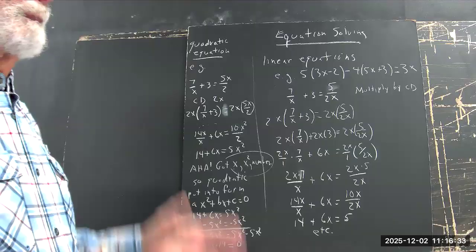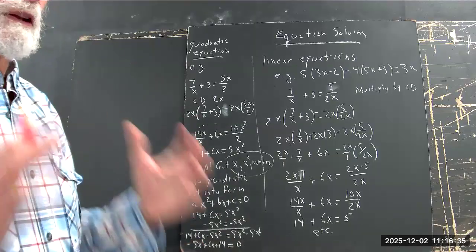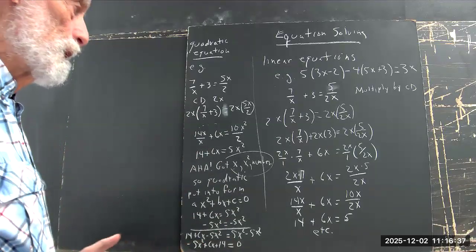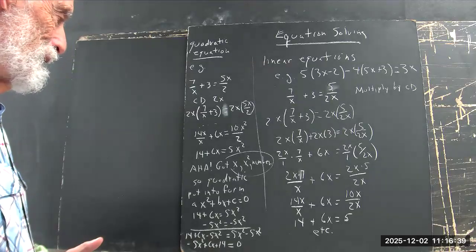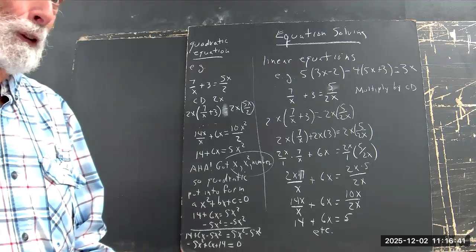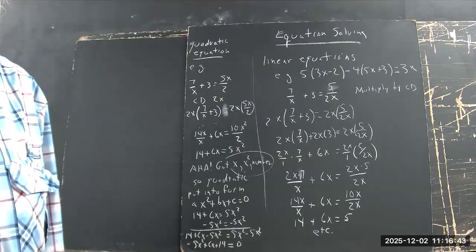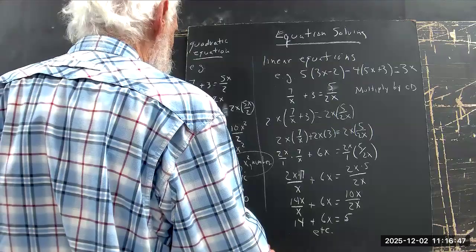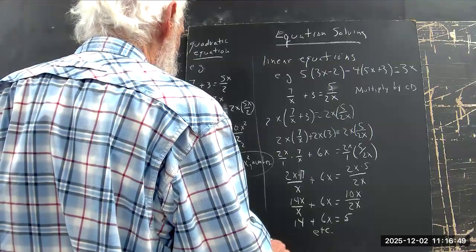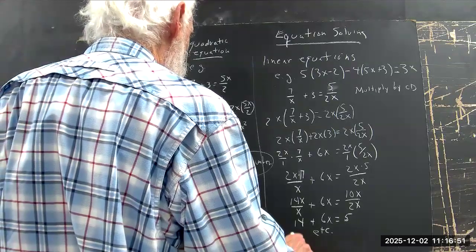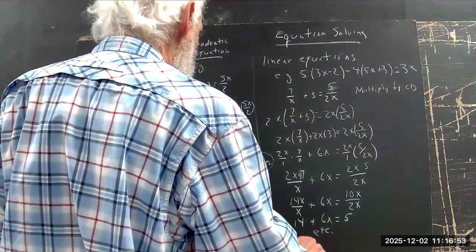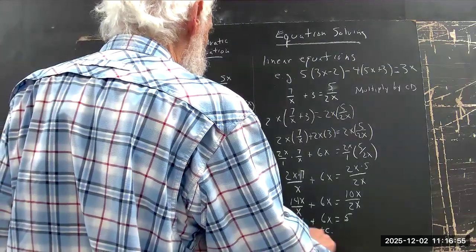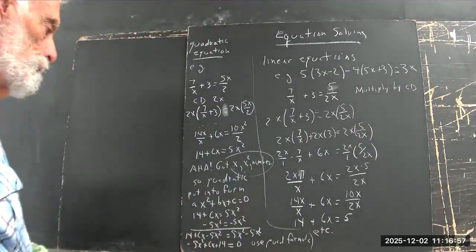Everybody knows how to use a quadratic formula. If you come into the exam not knowing the quadratic formula, not knowing how to use it, then you're not as well prepared as I think you're going to be. Now I'd say use the quadratic formula.